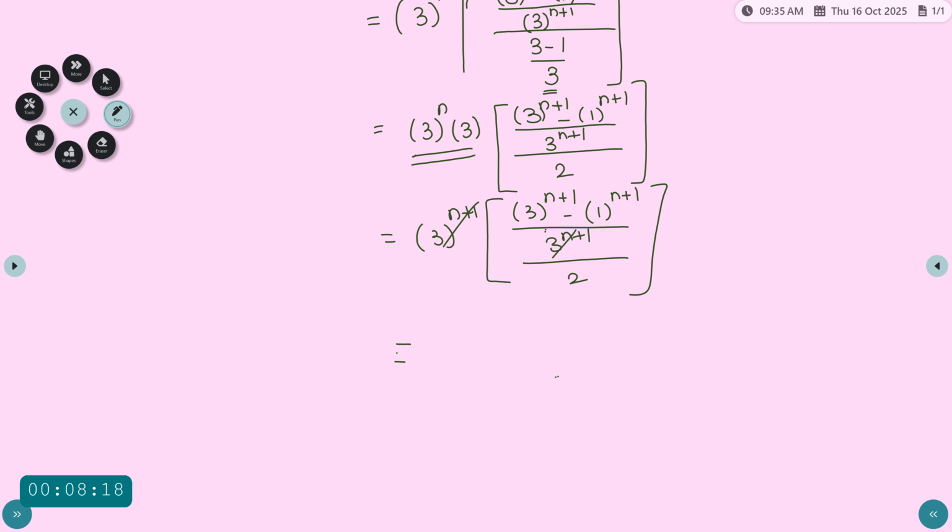So finally the answer is 3 power n plus 1 minus 1 power n plus 1, divided by 2. This is the answer. In the next step you can also proceed: 1 power n plus 1 is nothing but 1, so you can simplify it like this.